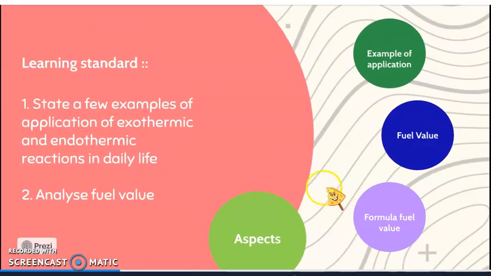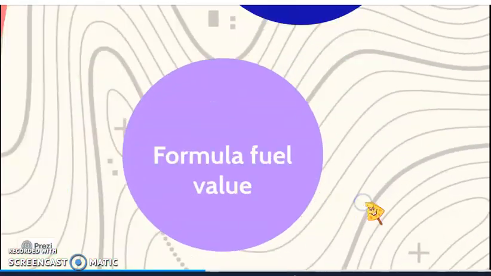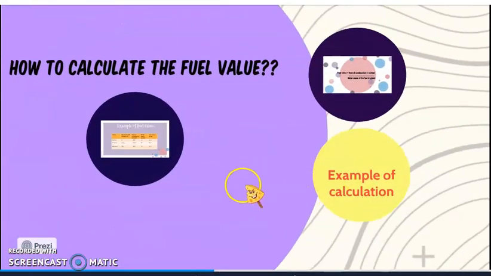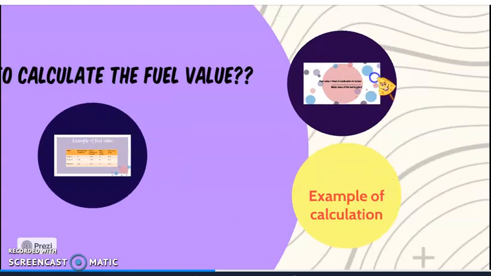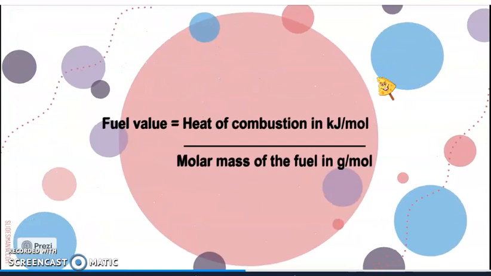Okay, how to calculate the fuel value. This is the formula to determine the fuel value. Heat of combustion must be in kilojoule per mole, divided by molar mass of fuel in unit gram per mole.